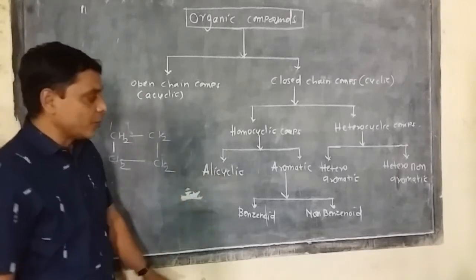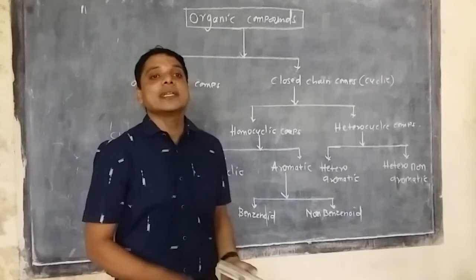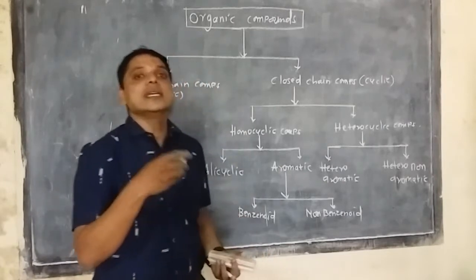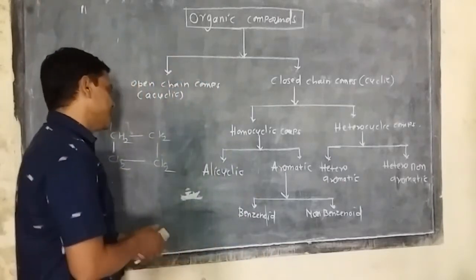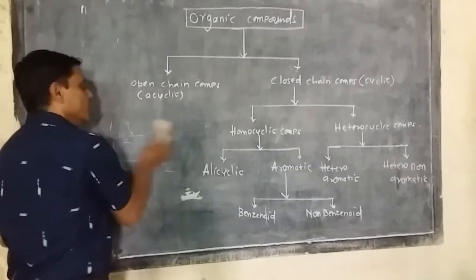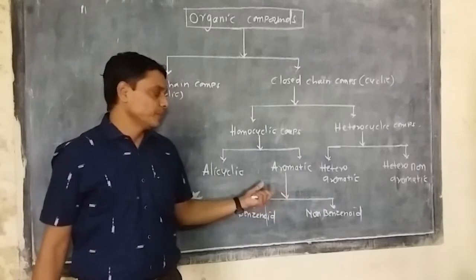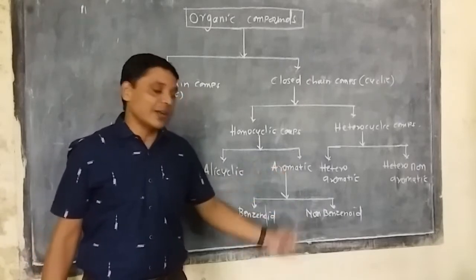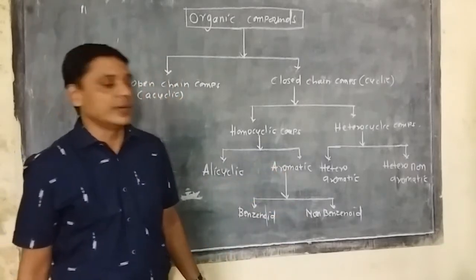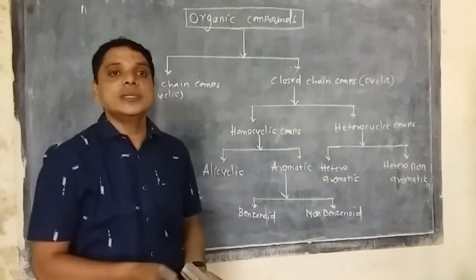But whenever the word aromatic arises, remember that there are alternate single and double bonds, which in organic chemistry is called a conjugation system. So conjugation must be present in aromatic compounds. The word aromatic is derived from the Greek word aroma, and aroma means fragrance.